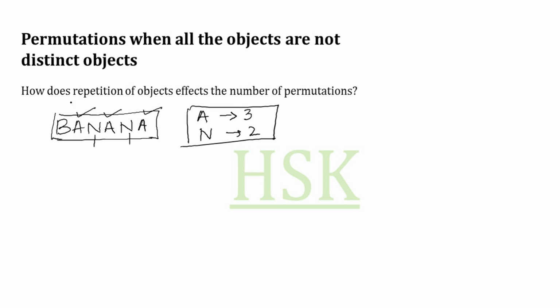So if we have to form the permutations of this word banana, taking all the letters at a time, how does the repetition of objects, or in this case letters, affect the number of permutations?